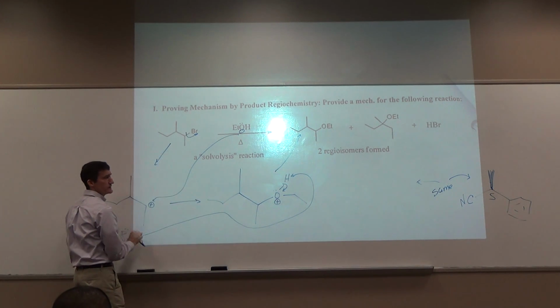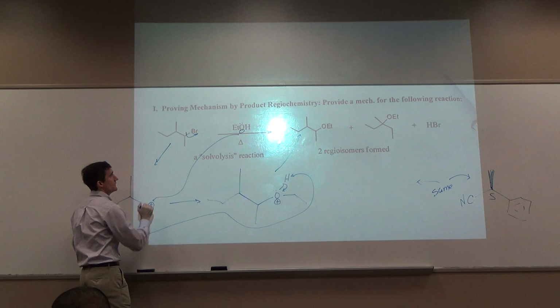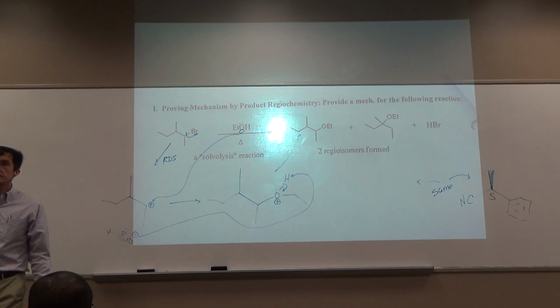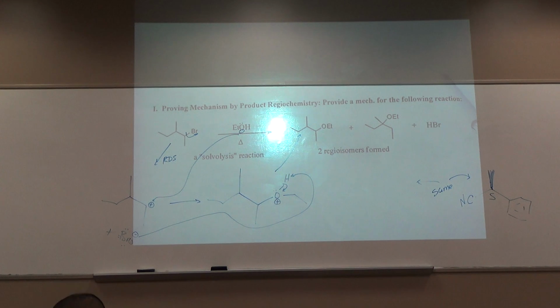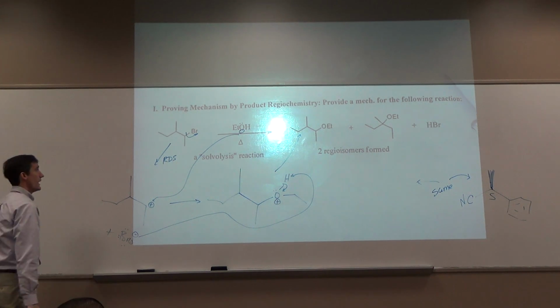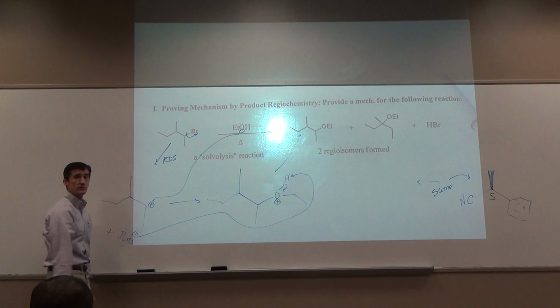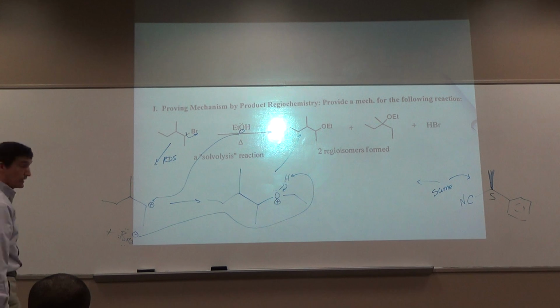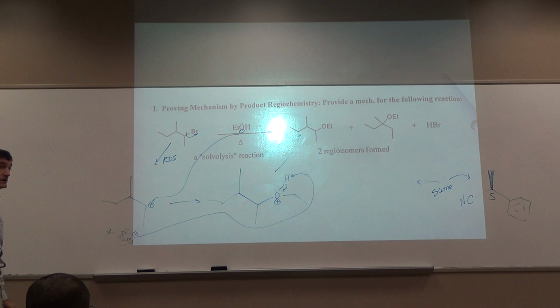Which is the rate determining step? First. Formation of the carbocation is typically the rate determining step. And what general mechanism did we just do here? It's a substitution. Is that an SN1 or SN2? It's an SN1, just like we showed a couple of days ago.